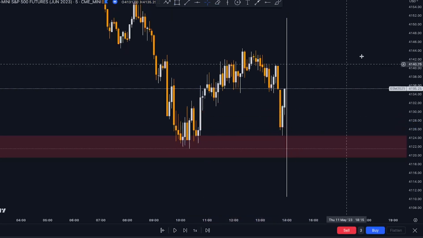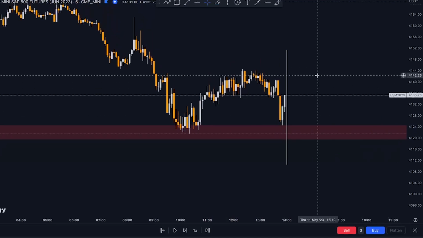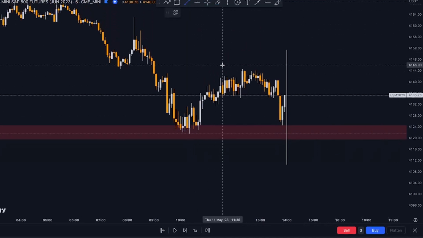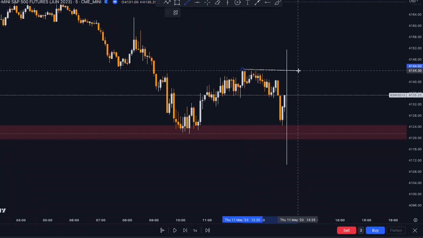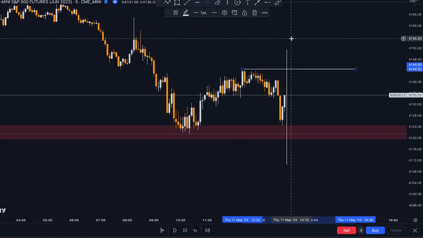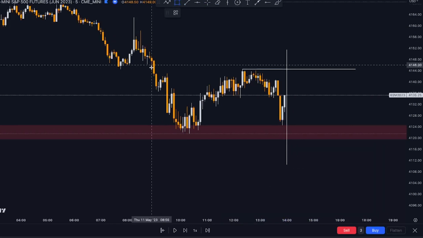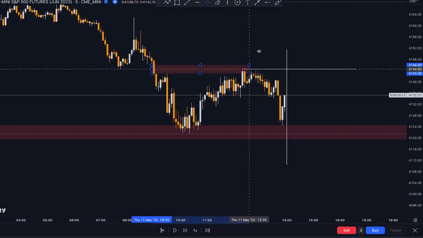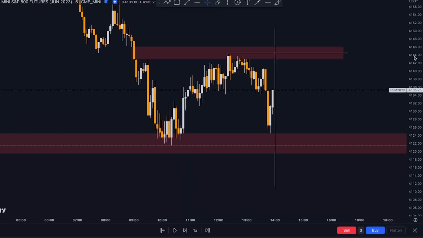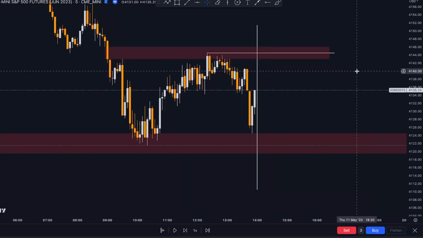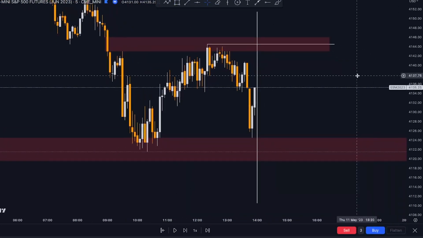So we are bullish here, and our target is this high right here, which is the buy side, and also we can see there is this inefficiency. So this would be the 22 model where you're targeting inefficiency and also buy side.